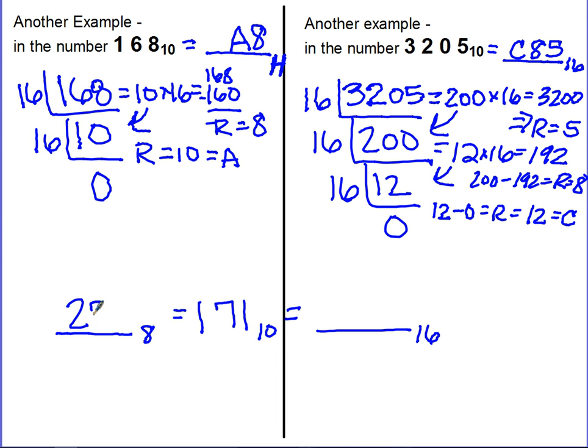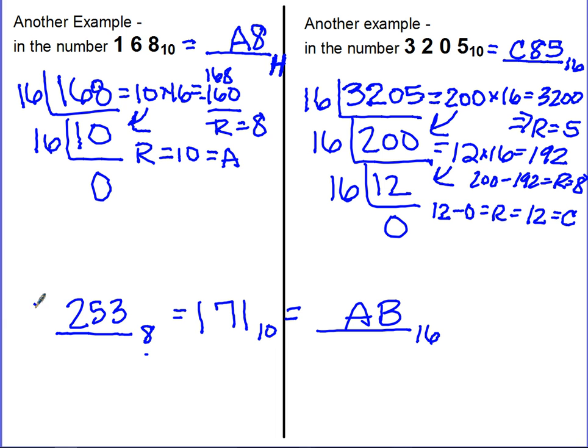In base 8, my answer was 253. And then when I was in base 16, my answer was AB. So again, as you look at the bases, the largest looking number is in my smallest base, and the smallest looking number, this one only has 2 digits, is in my largest base.